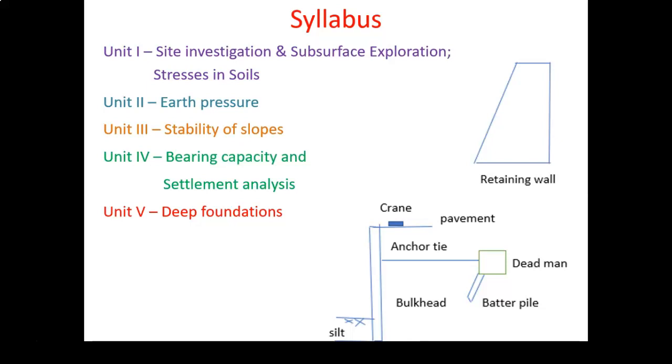The design of shallow foundations in different soils will be discussed in the Bearing Capacity chapter of Unit 4, and the design of deep foundations will be discussed in Unit 5.